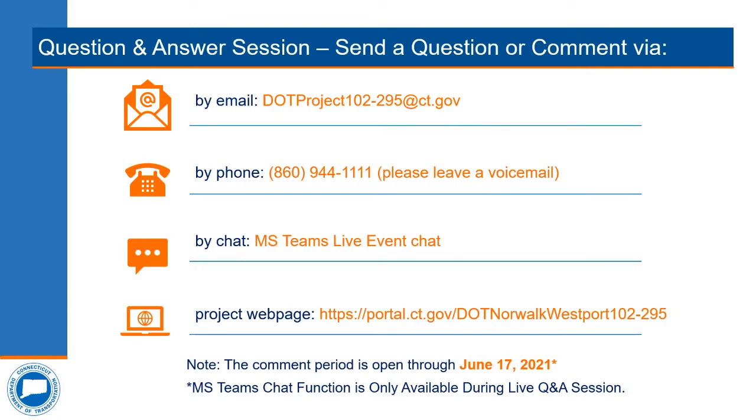The second is by phone, leaving a voicemail at 860-944-1111. If possible, please include the project number or location in your message.